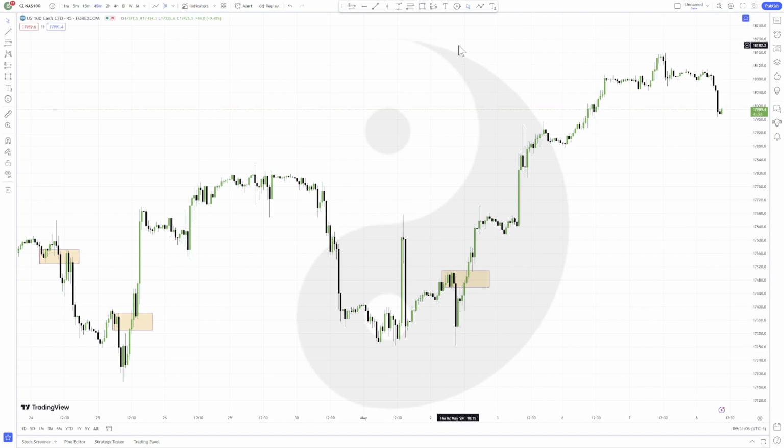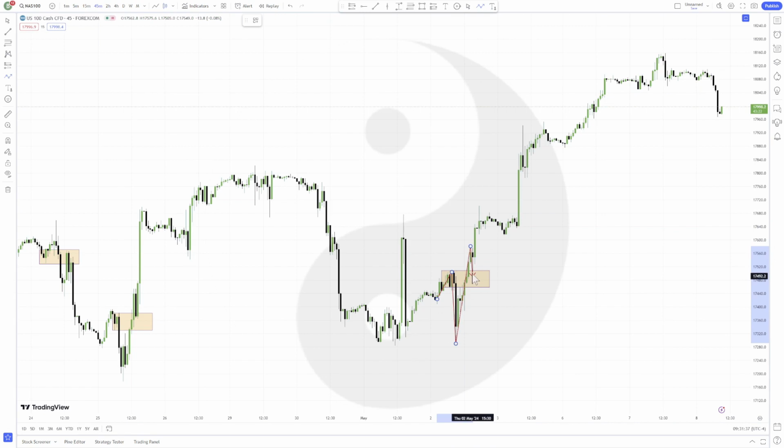So as I said, for a bullish breaker block to occur, we have to have an impulse move up, which happened here, a move down, causing or taking liquidity, and then an impulse move up, causing a break of structure, which happened here.